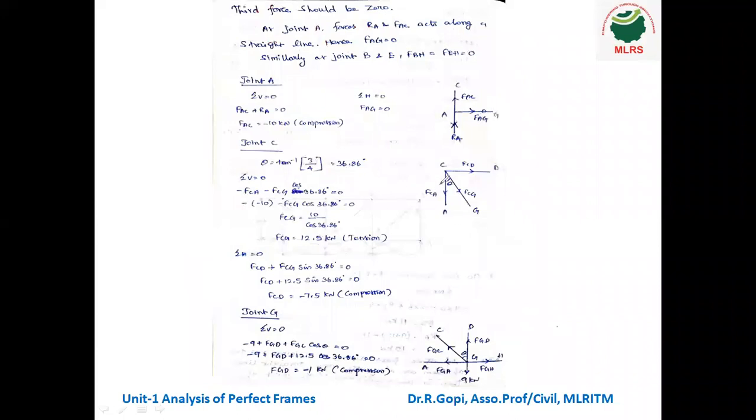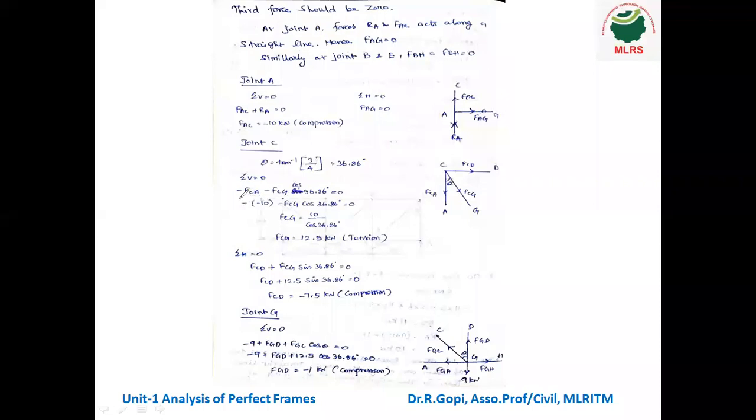So now summation of V is equal to 0. For summation of V equal to 0, we have to include these two members. What are these two members? FCA and FCG. Both these two members from C are acting downward, so we have to put minus.